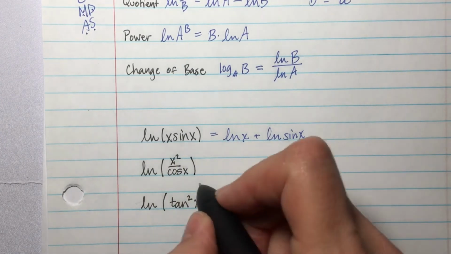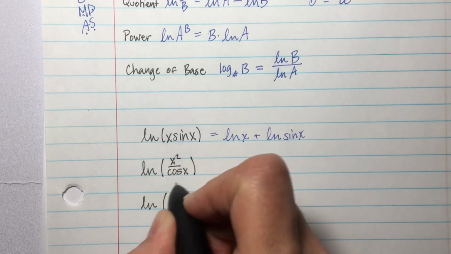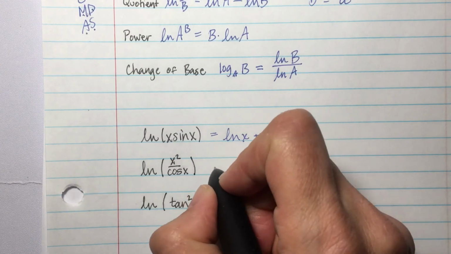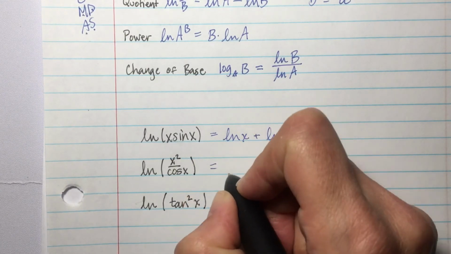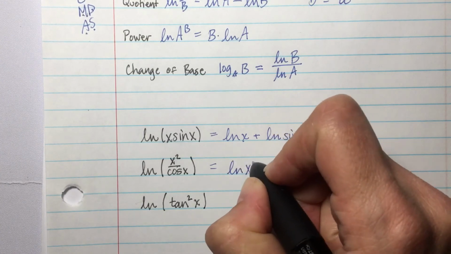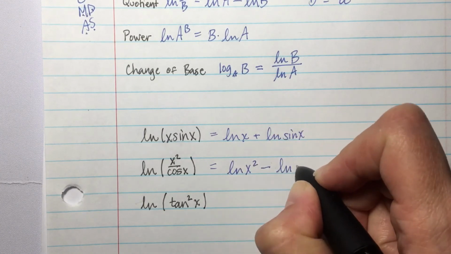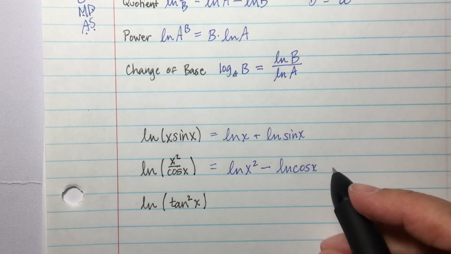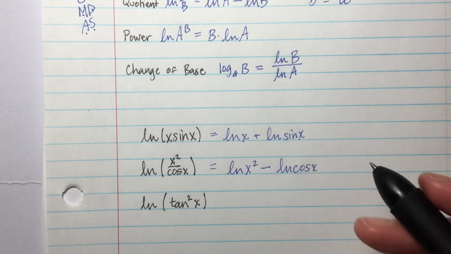Okay, so if we had something like natural log of x squared over cosine x, that is just gross looking, isn't it? So division becomes a subtraction, so I have natural log x squared minus natural log cosine x. By the way, whether or not you have parentheses, it kind of doesn't matter that much.